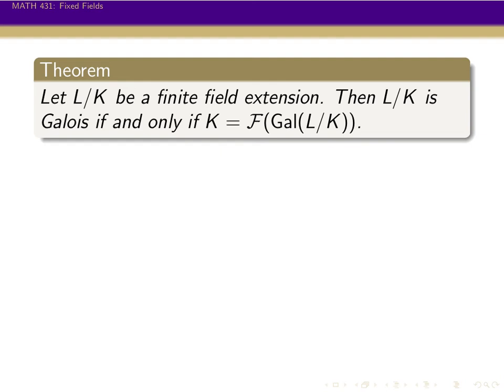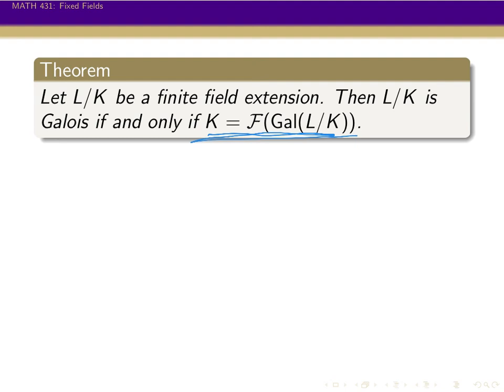It says that if L over K is a finite field extension, then L over K being Galois is equivalent to K being the fixed field of the Galois group of L over K. Again, K is guaranteed to be a subfield of the fixed field, but it's special if K actually is the fixed field.